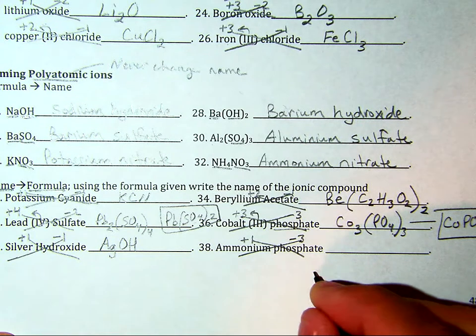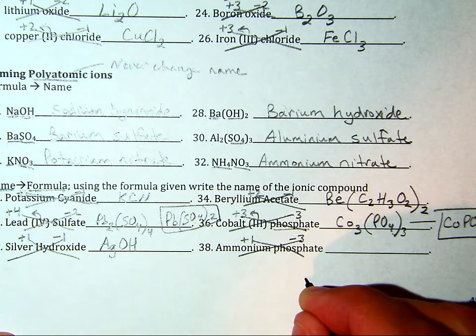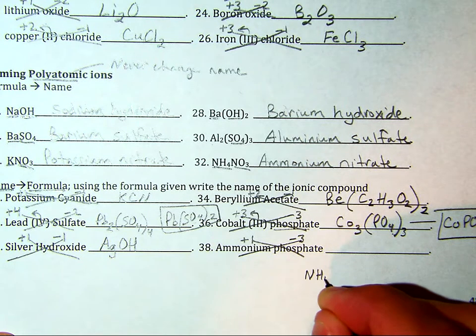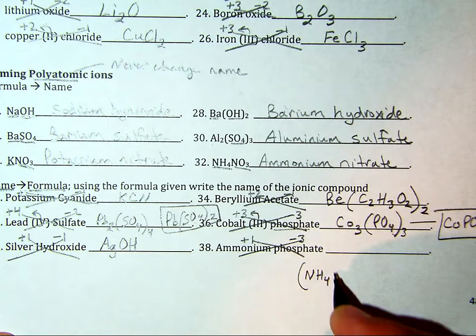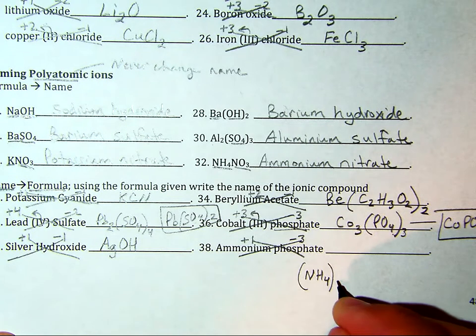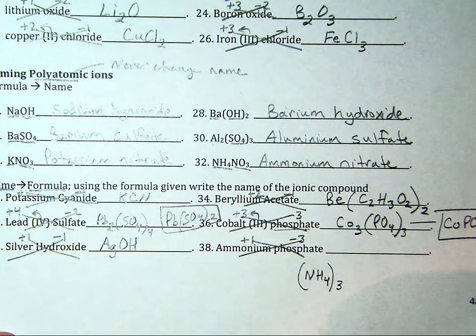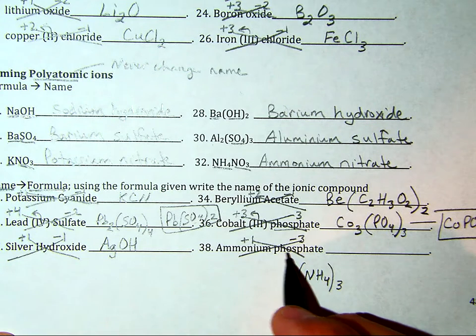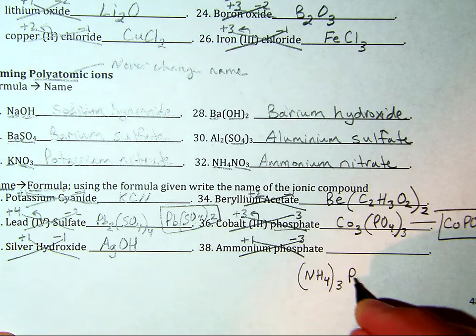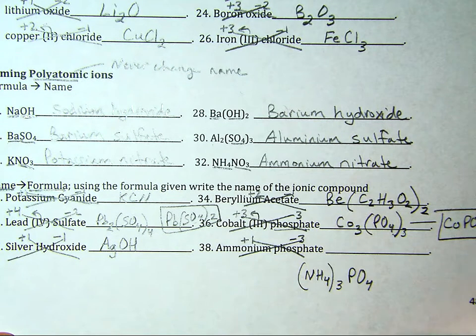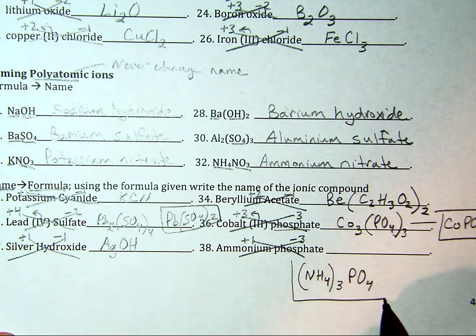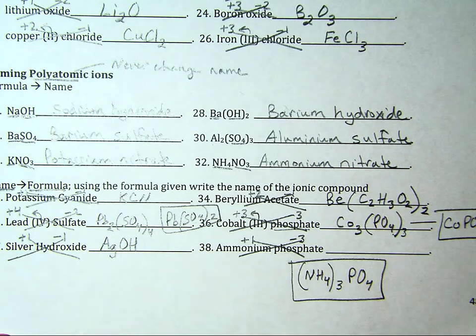Let's write it down here for some more space. Ammonium is NH4, but it's polyatomic, so I need parentheses around it if there's more than 1. So I'm going to put parentheses around it and put the 3 on the outside. Phosphate, because there's only 1 of them, I can just write PO4. I don't need parentheses around it. And so 3 and 1, I can't reduce. Ammonium phosphate.